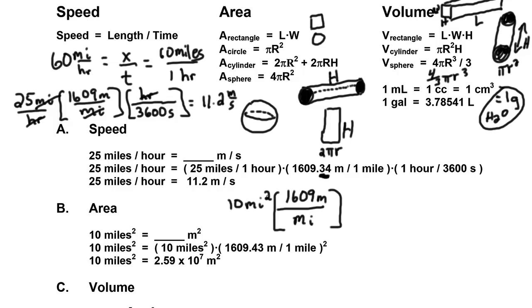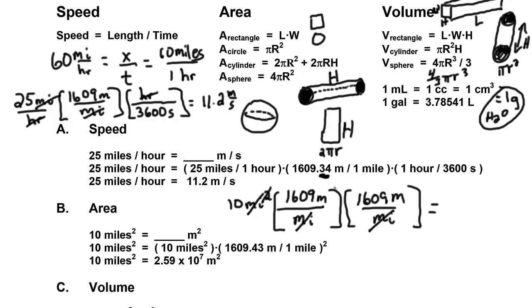But that's miles squared, so you can write it out twice. Notice that one of these miles will cancel this one, and the other mile will cancel this one. And so now we'll have our units in meters square.